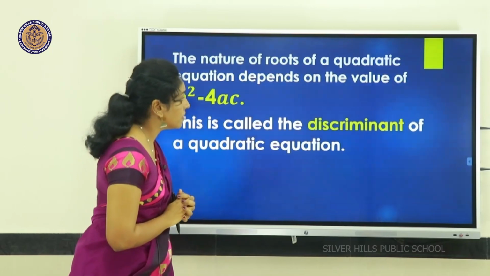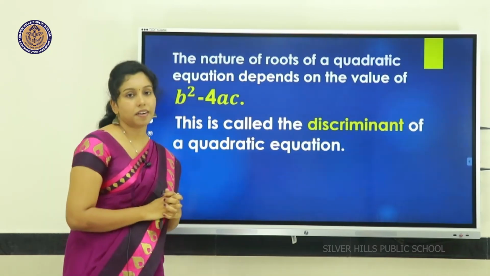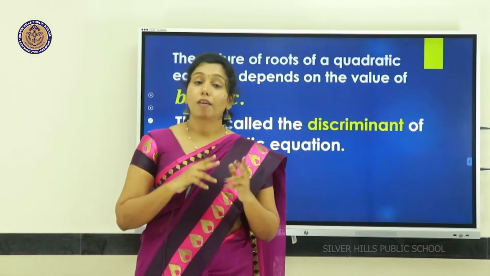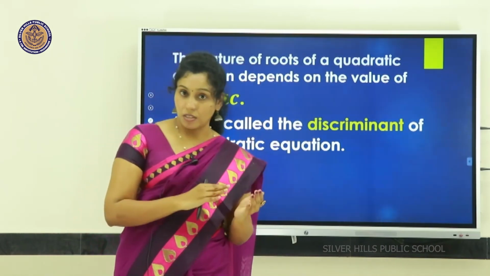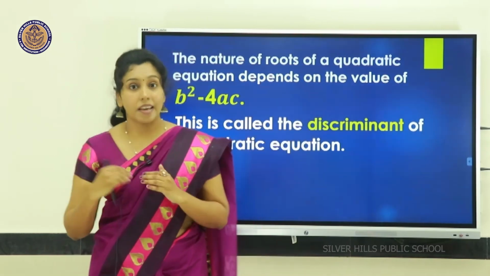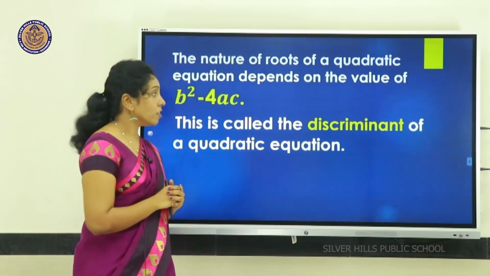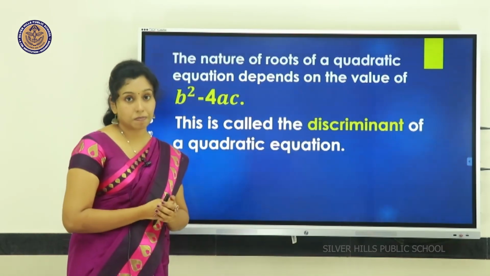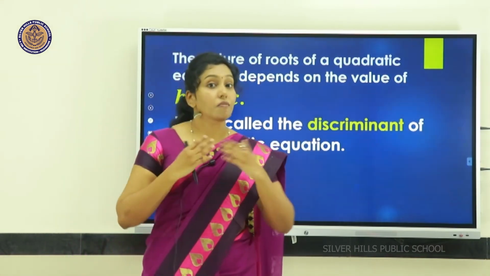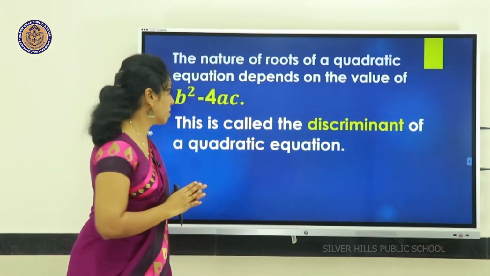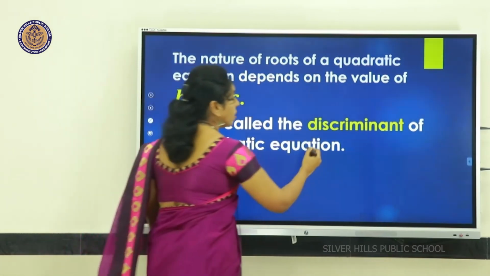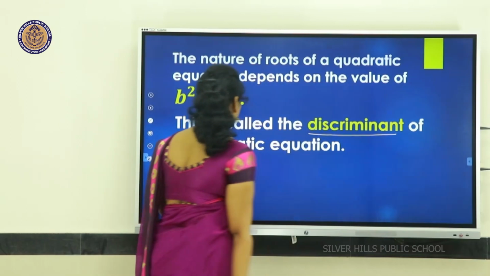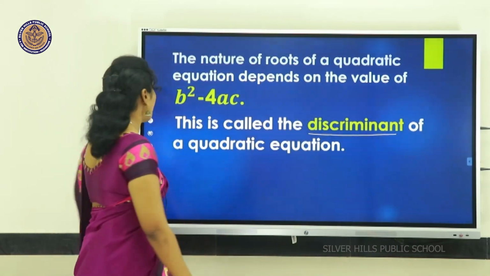We call it the discriminant of a quadratic equation, because after finding b square minus 4ac value, I got positive value, 0 and negative value. Depending on that only we got the roots. If it was negative, we did not get any real roots. So b square minus 4ac is called the discriminant of a quadratic equation.